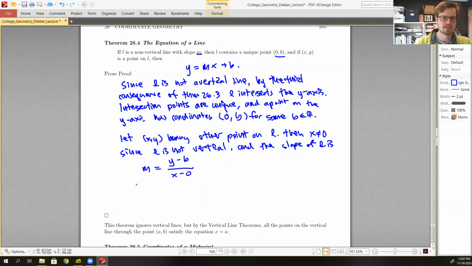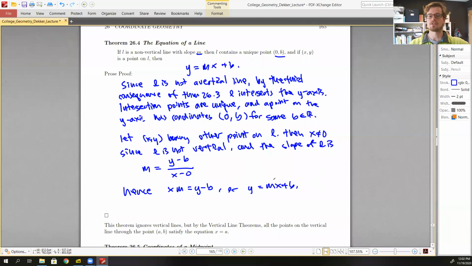How does that help us? Well, we can multiply both sides by x to get xm is equal to y minus b. And then, of course, we just need to add b to both sides to get y is equal to mx plus b. Ta-da!